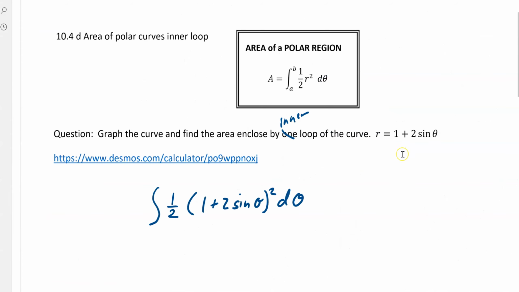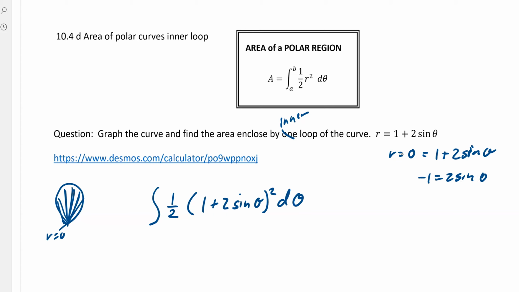So we're going to take this and set it equal to 0. So when does r equal 0? That will give us our start and our stopping. So we want this right here, this little inner loop, to find its area. And that's when our radius equals 0. So this would be -1 equals 2 sine theta. So -1/2 equals sine theta. So when does -1/2 equal sine theta?